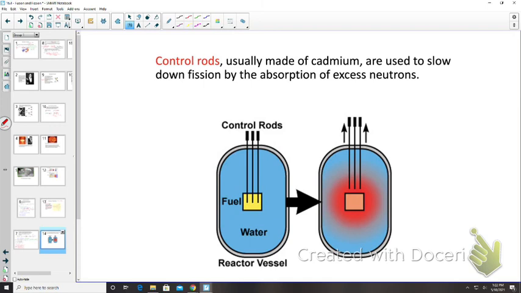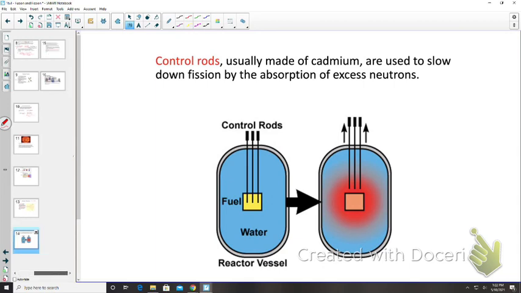On a normal working nuclear reactor, when the reactor vessel is increasing in temperature, the control rods will be inserted. This will absorb excess neutrons and slow down the rate of fission so that we do not have overheating and so we don't have a meltdown.